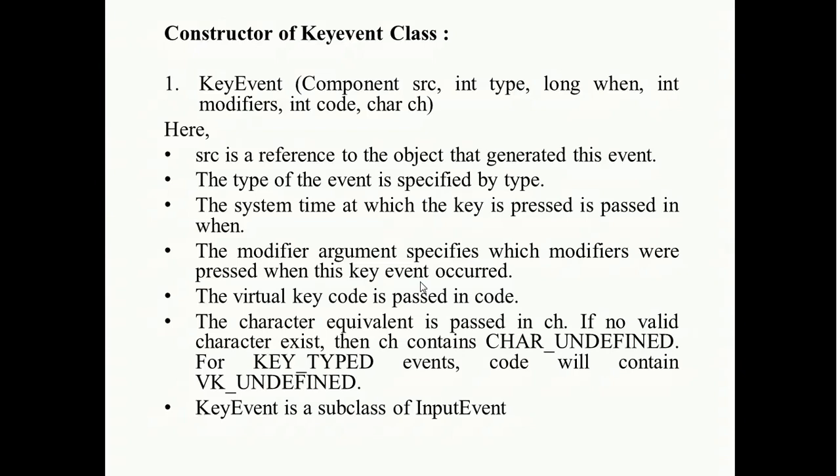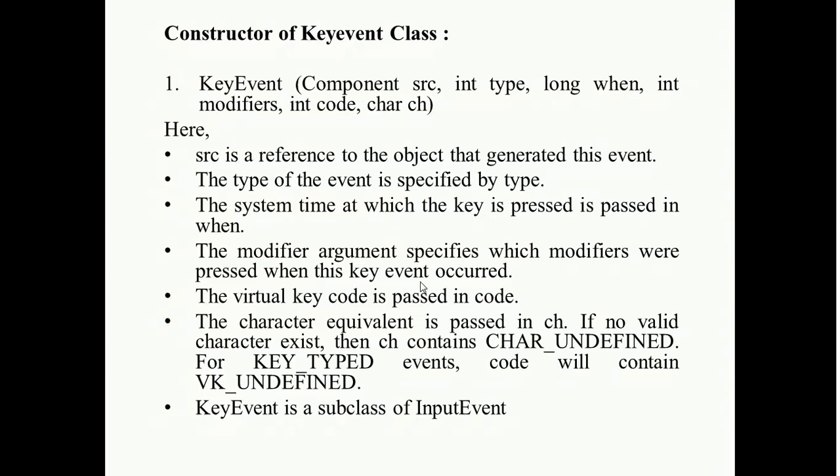If no valid character exists, then ch contains the CHAR_UNDEFINED, and for key typed event code will remain VK_UNDEFINED. And the key event is a subclass of the input event. Means the key event class is a subclass of the input event class.